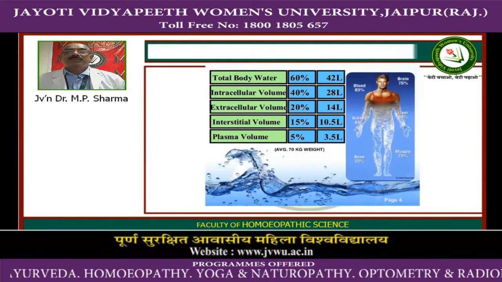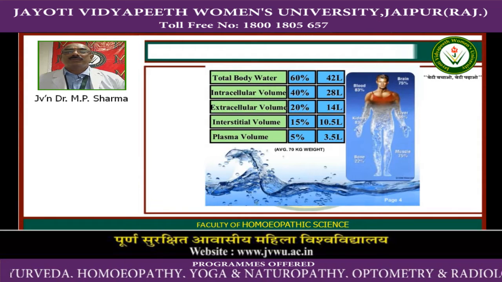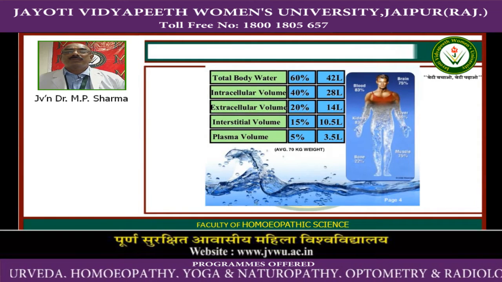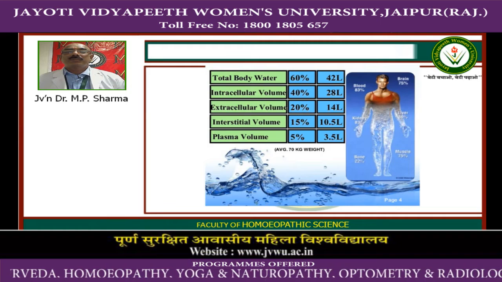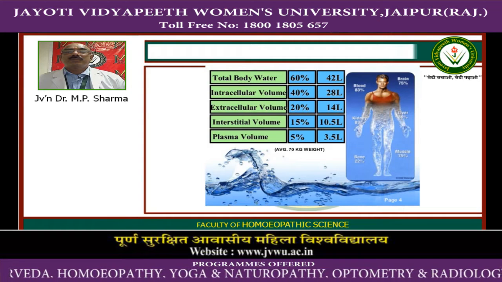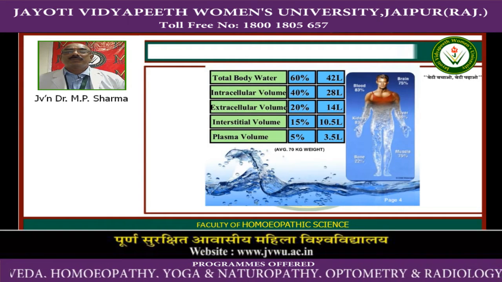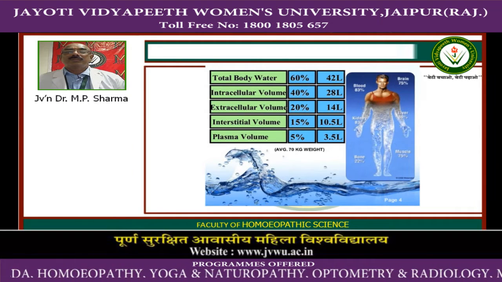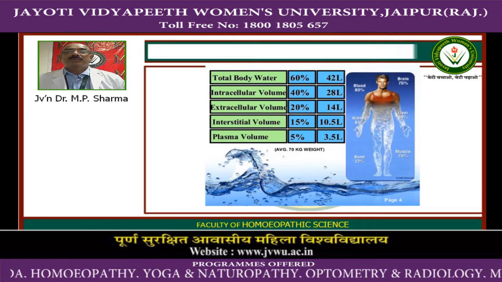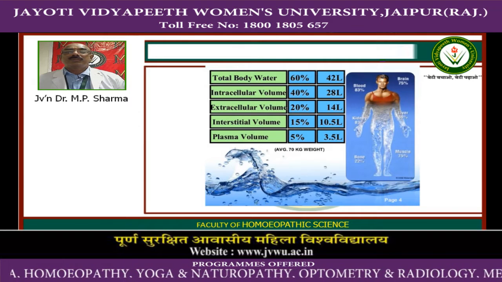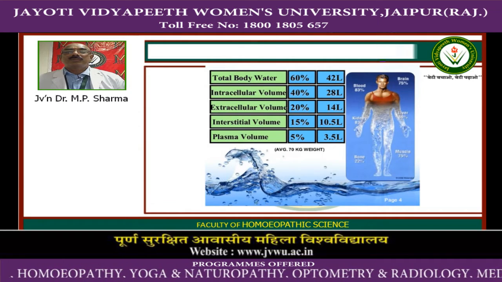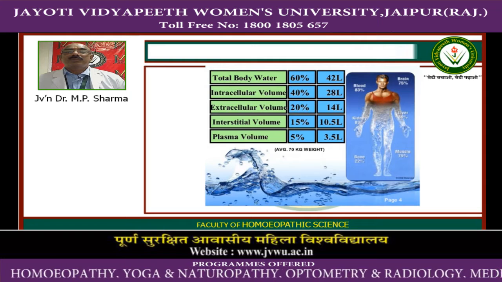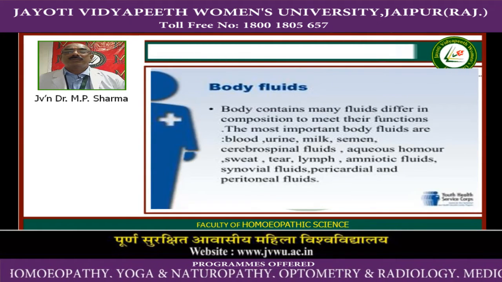Intracellular volume is 40%, that means 28 liters, and extracellular volume is 20%, that means 14 liters. Here one thing more: interstitial volume is 15%, that means 10.5 liters. Plasma volume is 5%, that means 3.5 liters. Now what is body fluid?